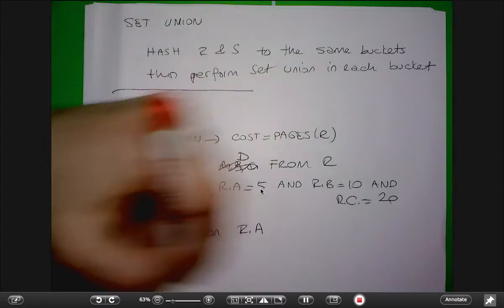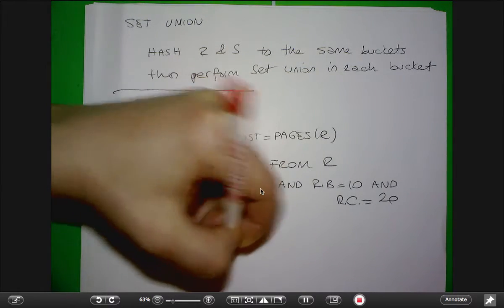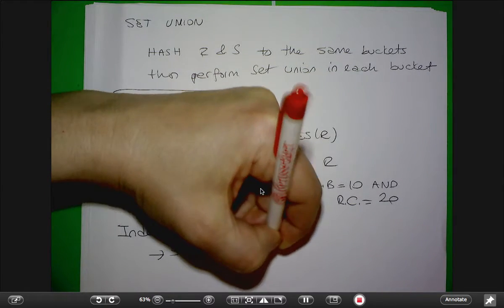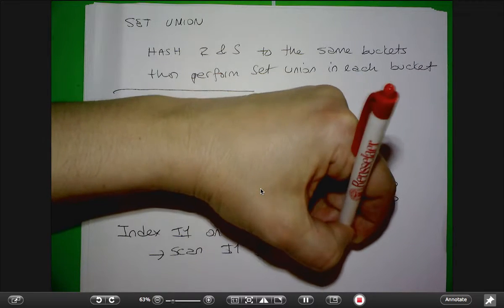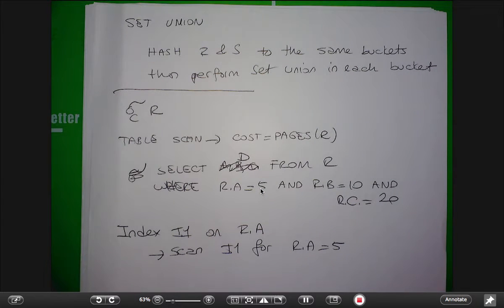Let's change this to select D, okay? Now all the tuples that I find here, I have to read from the relation, okay?